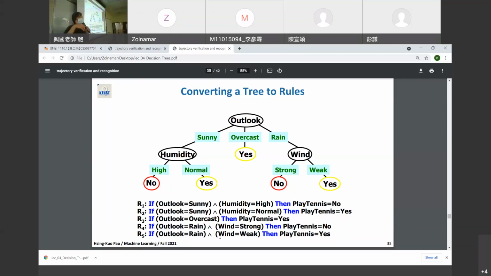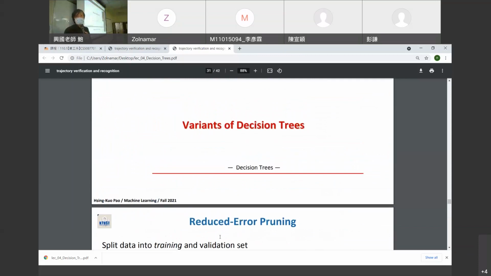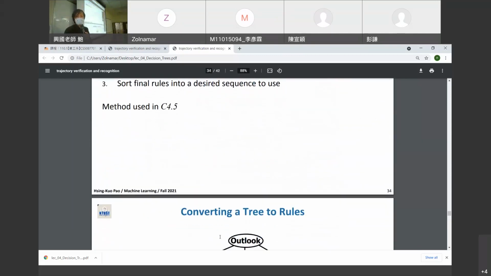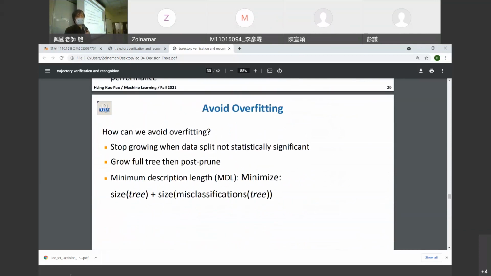Usually the result is always worse, but can we confirm that the result is not too bad? If it's just a little worse, maybe we are going to accept that. Why? Because we want to minimize these two things at the same time.